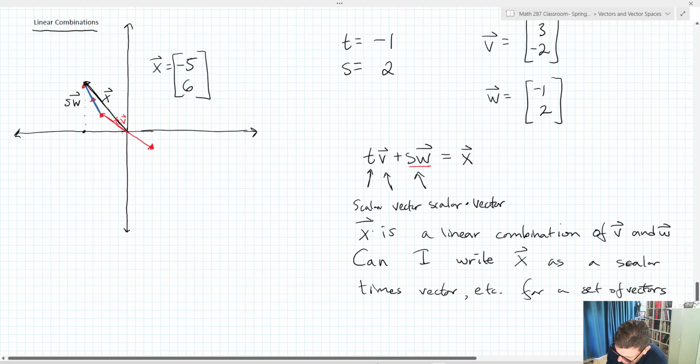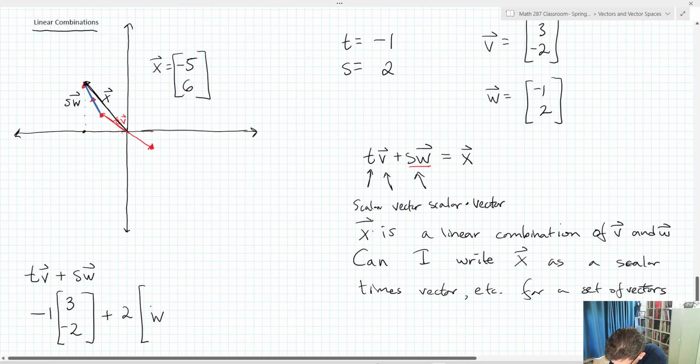All right. Now if I go in and write my work, TV plus SW, we write the scalar on the outside: negative 1 times 3, negative 2, plus 2W, which is 2 times negative 1, 2. Then we scalar multiply.